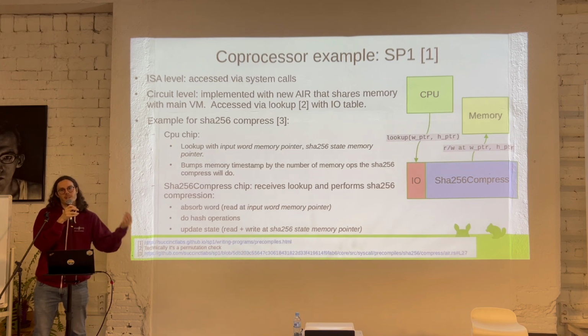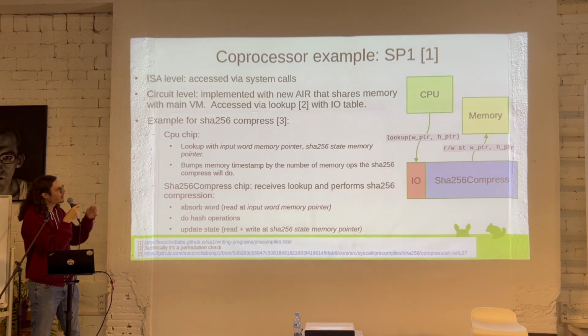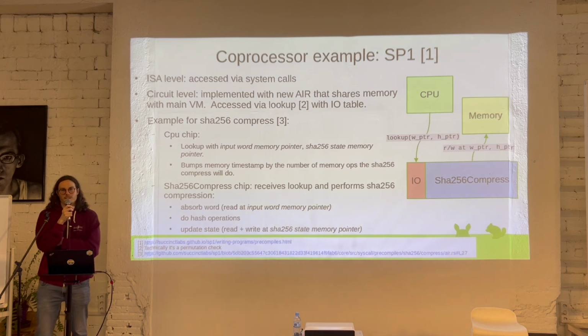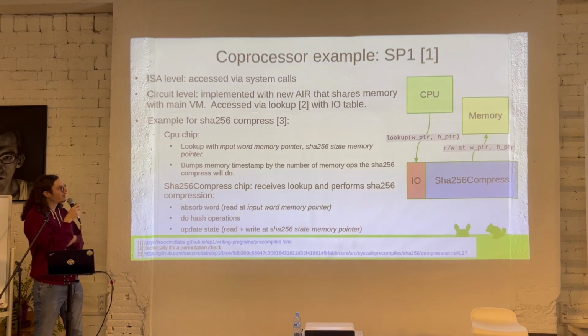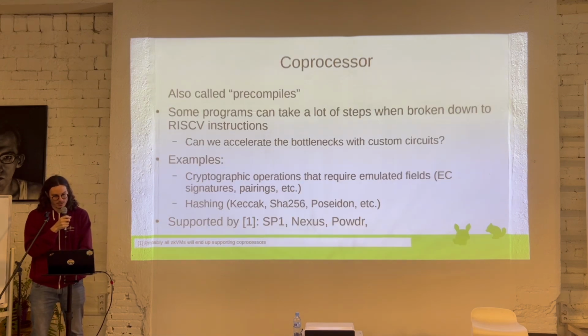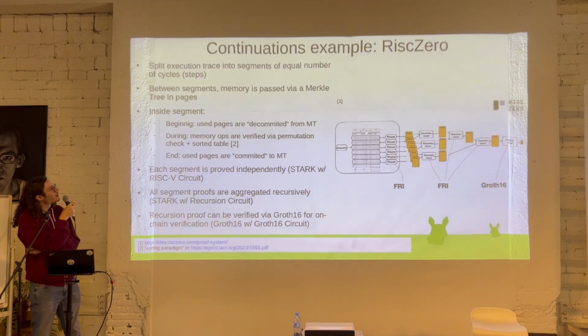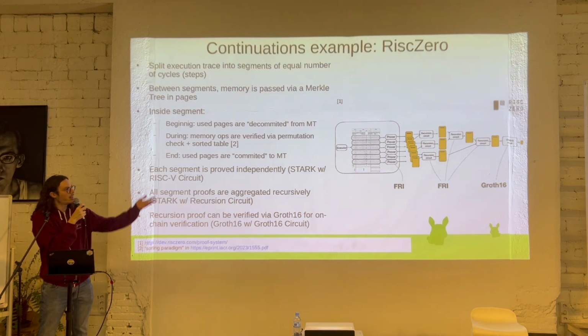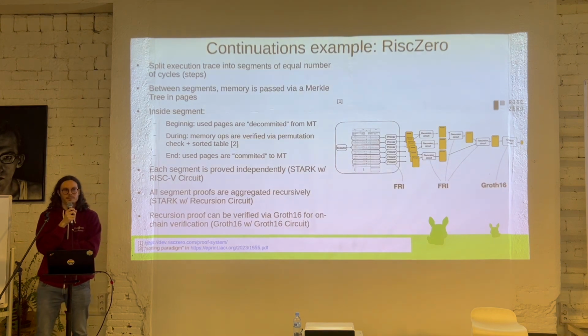For aggregation, they probably need to find some trade-off. But for now, one of the points of high performance of SP1 is the fact that they are not doing aggregation yet. For RISC-0, they already do aggregation, so they already account for these trade-offs.